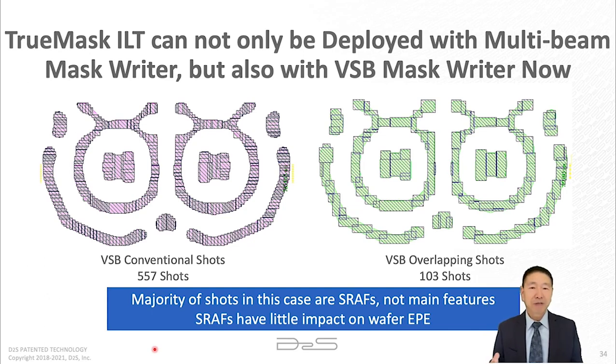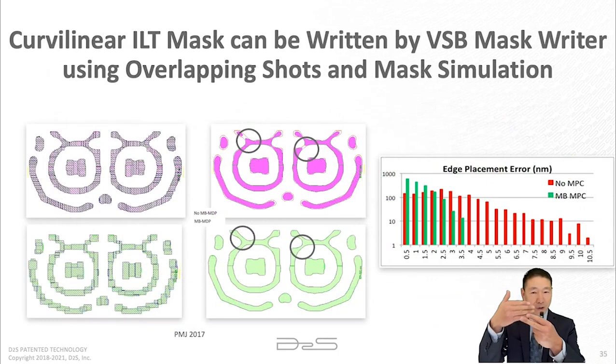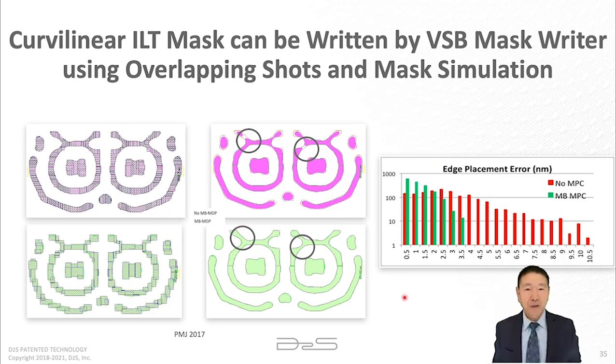But the most significant invention actually came from D2S. It's called the overlapping shot. The idea is to allow the shots to overlap, and by doing this, you can actually reduce the number of shots. Another benefit is that the overlapping area has a higher dose margin, so the slope is steeper.